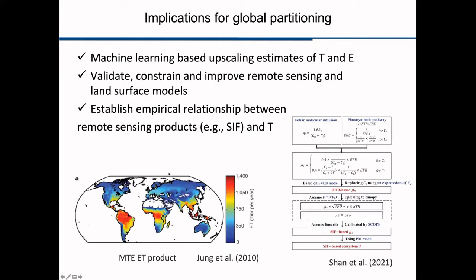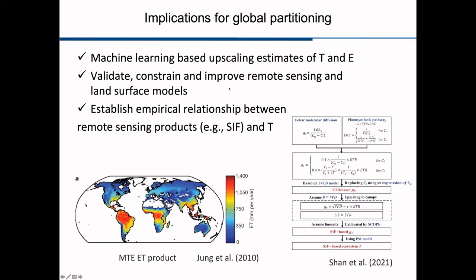With long-term continuous estimates of transpiration and evaporation at global flux tower sites, we could further upscale them to regional and global scales using machine learning techniques. These site-level and upscaled estimates of transpiration and evaporation can also be used to validate, constrain, and improve remote sensing and land surface models.